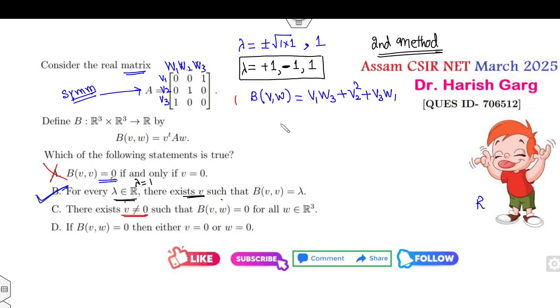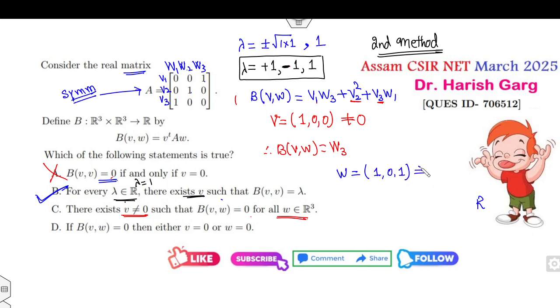For every v which is non-zero, the easiest one I can choose is v1 non-zero, so this number is w3, and this is 0, this is 0, such that this is 0 for all w. That's not true. If I choose w as 1, 0, 1, this implies this number is 1, which is non-zero. So therefore, this option is also cancelled.